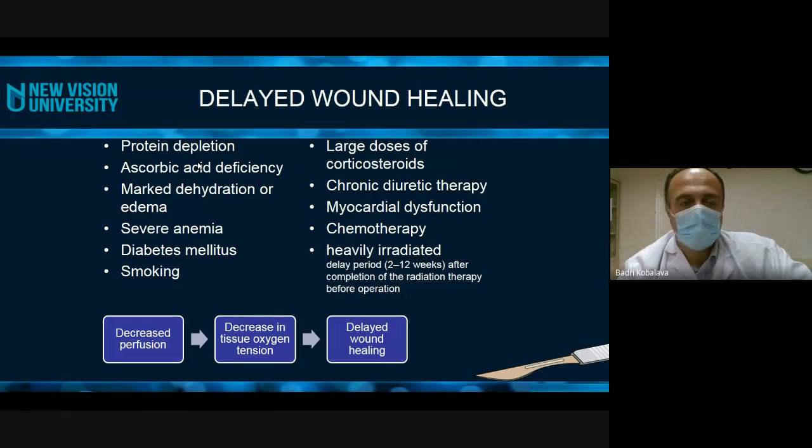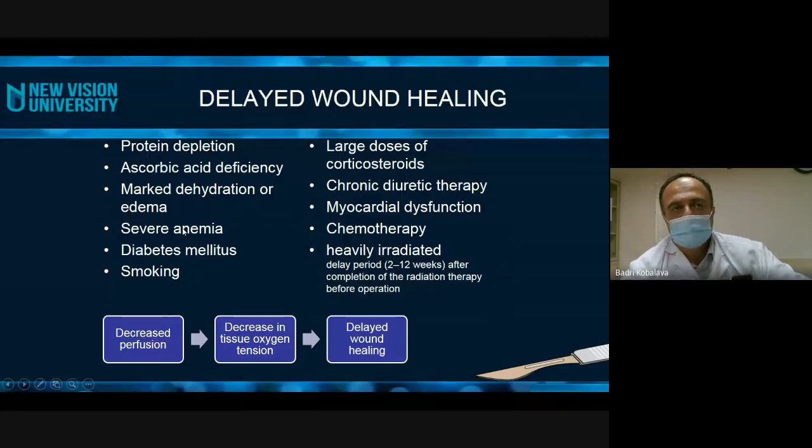So protein deficiency causes delayed wound healing. Ascorbic acid deficiency, vitamin C deficiency, affects wound healing. Dehydration or deficit of the water or edema affects wound healing.